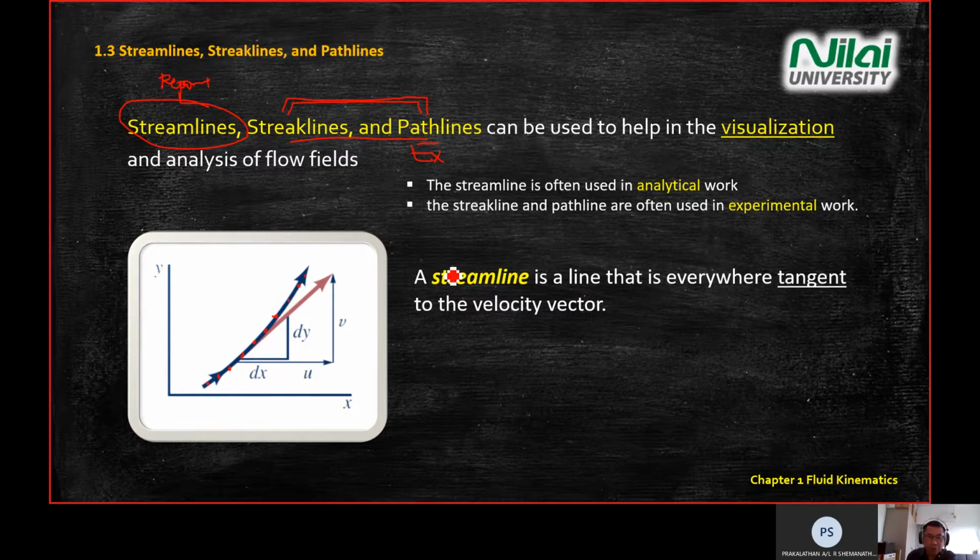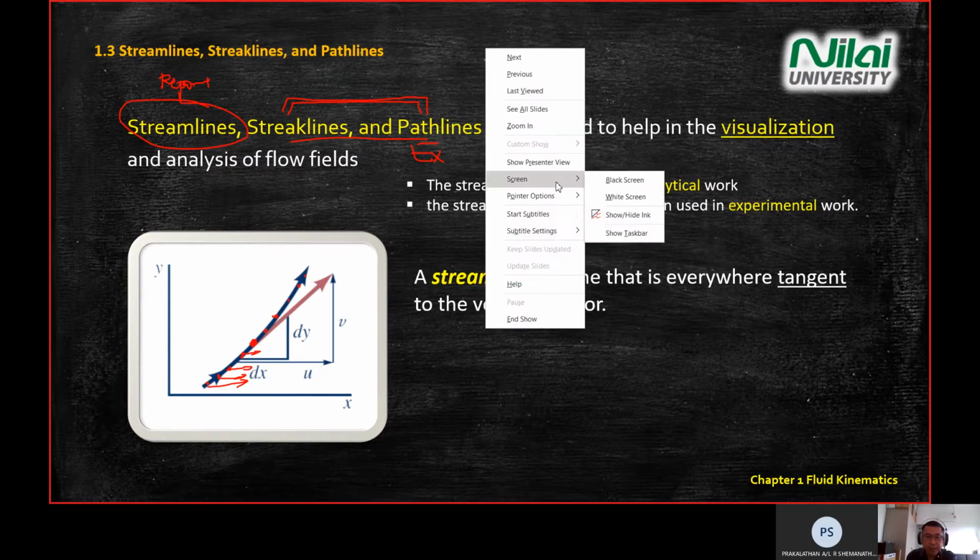The definition of a streamline is a line that is everywhere tangent to the velocity vector, meaning all the dots that I draw here are tangent to this curved line. Okay, all these are tangent, right? This example selects maybe just this point, then you have one red arrow from this point. Okay.